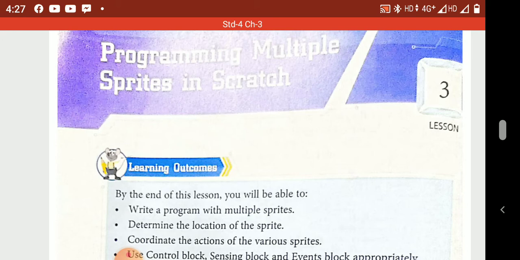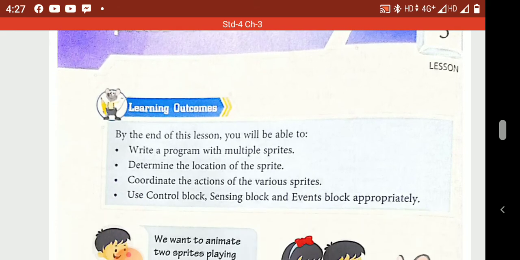It is used to make your animations, video games, and stories, etc. And do you know the meaning of scripts? A script means something written by a character. Now we move to our lesson.